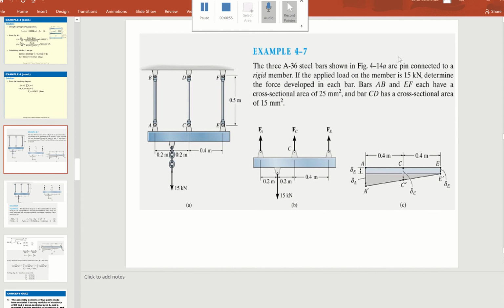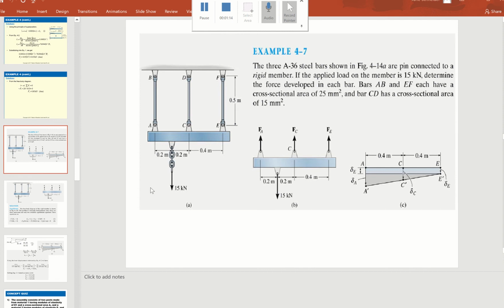You have an A36 steel bar shown here, and it's a rigid member. Remember, if it's rigid, it's not going to warp. It's not going to become a curved member. It's always going to be a straight line.